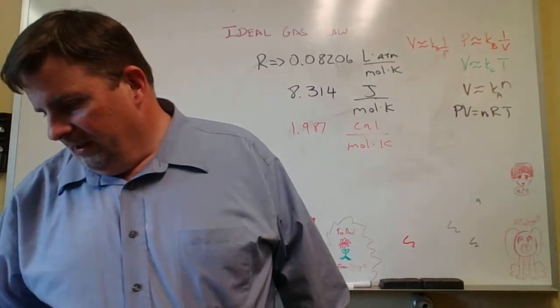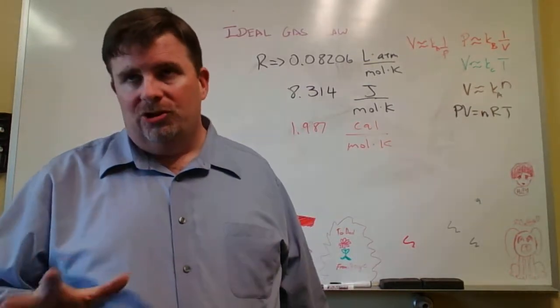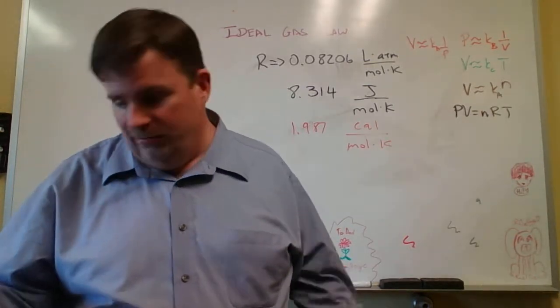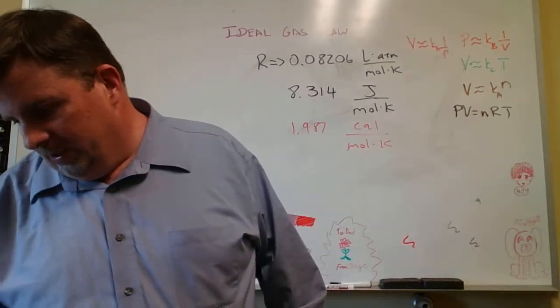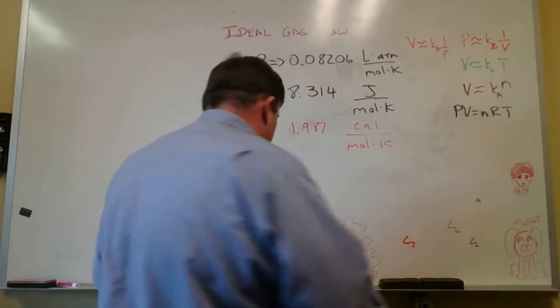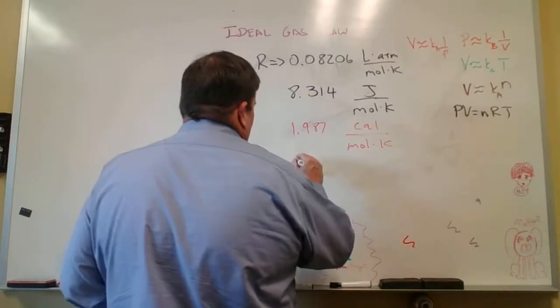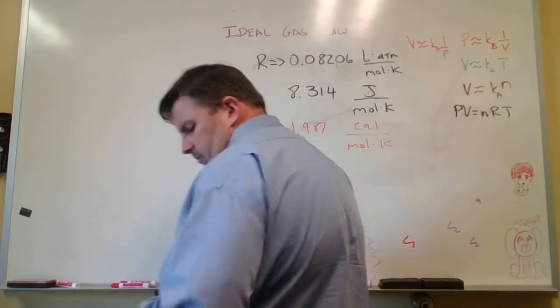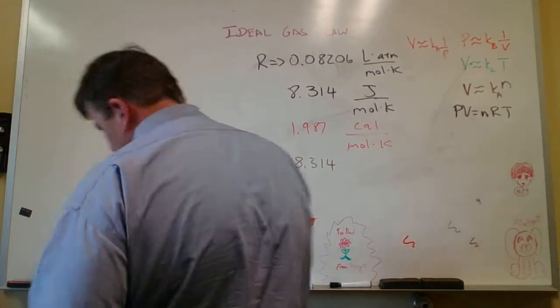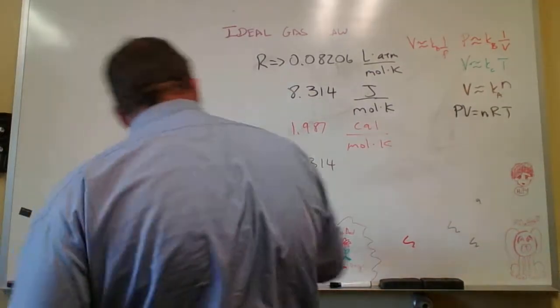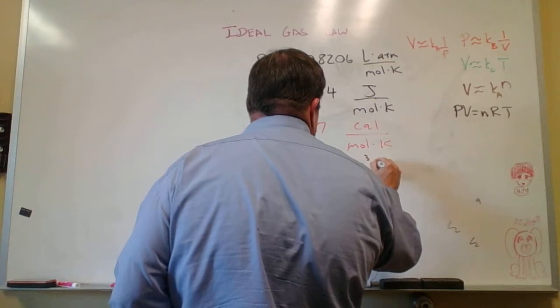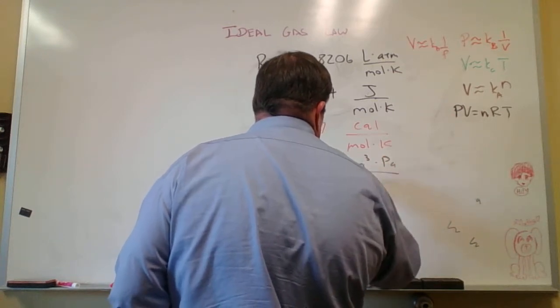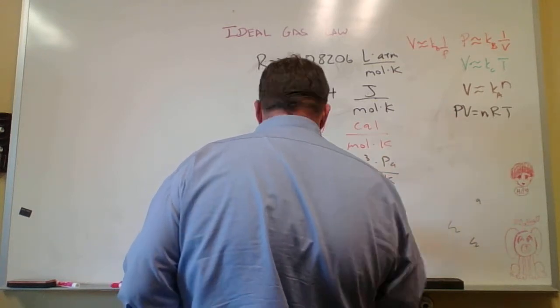And since I'm dealing with pressure and volume, I can throw newtons in there too, or in this case, pascals. So what I get is 8.314, meters cubed times pascals over moles times Kelvin. There's a volume term there.